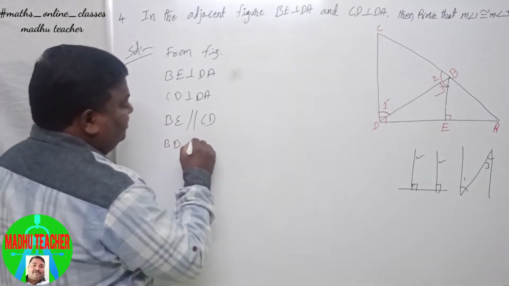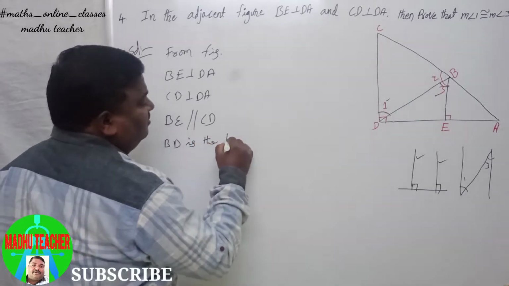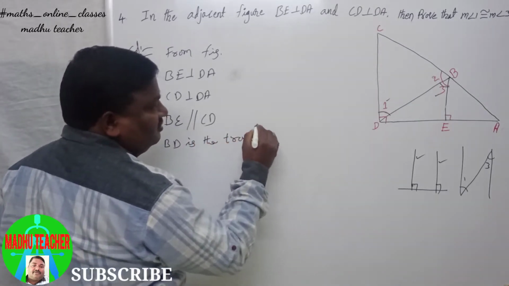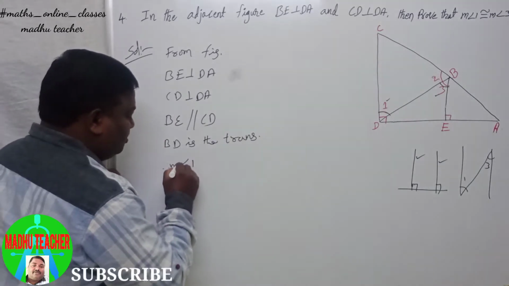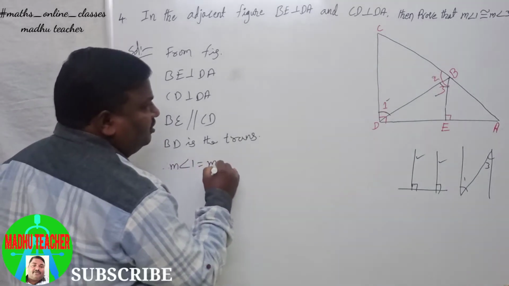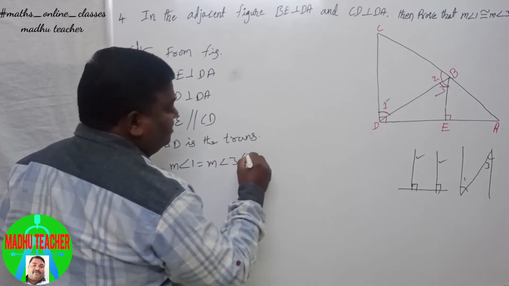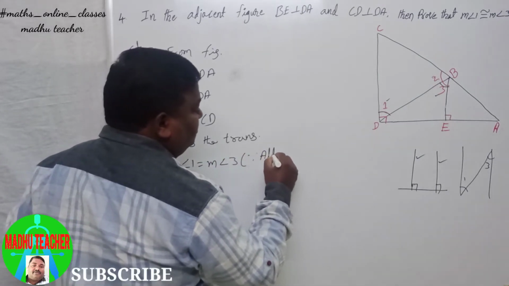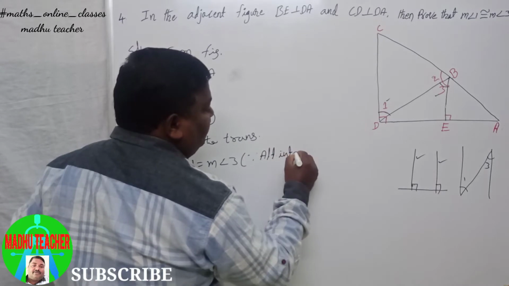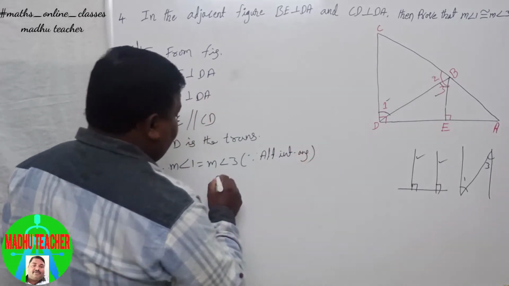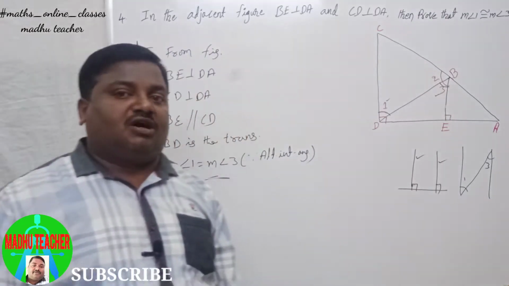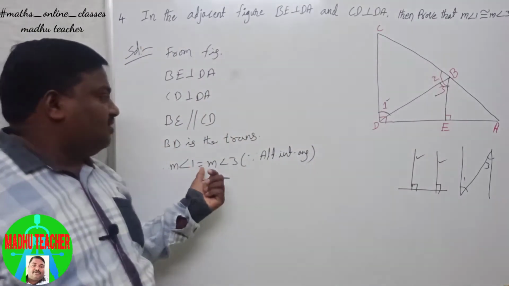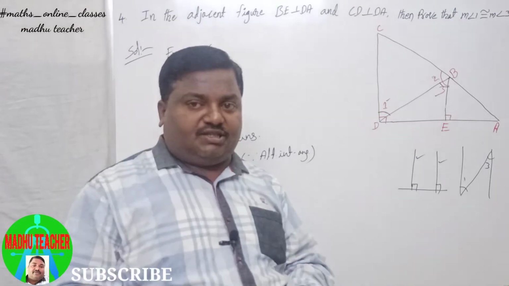BD is the transversal, therefore measure of angle 1 equals measure of angle 3, since alternate interior angles. That is what is asked in the question.